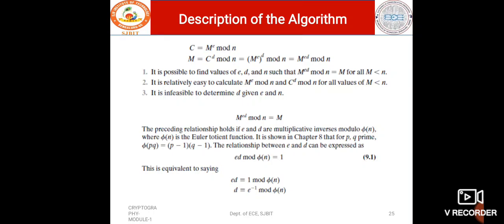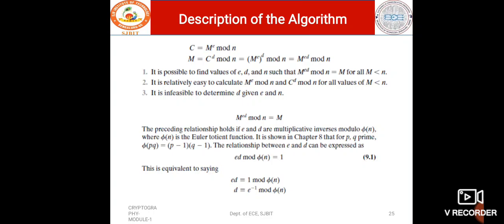Here, encryption and decryption will be of the following form, for some plaintext block M and ciphertext block C. Ciphertext can be denoted as C is equal to M power e mod n. Similarly for decryption, M is equal to C to the power d mod n, which can be written as M to the power of e d mod n.